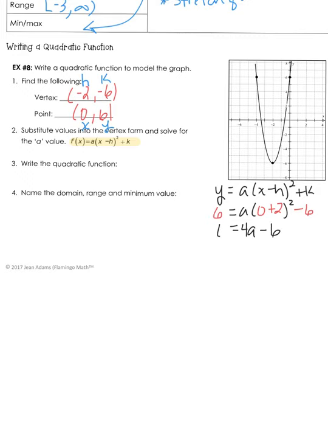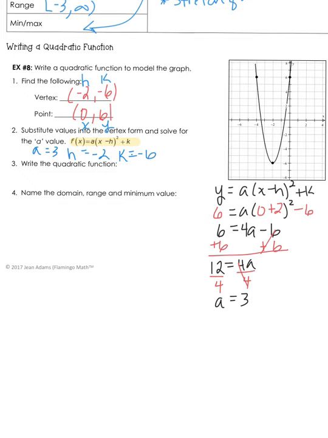Minus the 6, and then we have a 6 on the left. So then if I add 6, I get 12 equals 4a, and then divide by 4, I get a is equal to 3. So now, in order to write the function, I know that a is 3, and h is -2, and k is -6.